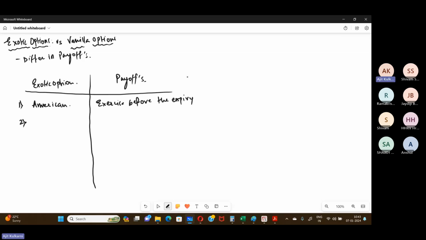Then you have the digital option, and there are two kinds to it: cash or nothing, or asset or nothing.